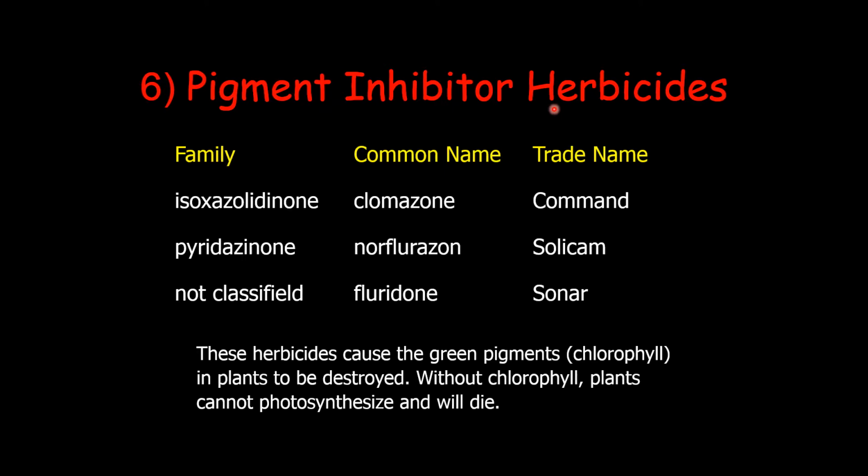Injury symptoms are expressed as white to translucent foliage. Herbicides within this mode of action are typically pre-emergence treatments. However, a few have post-emergence activity as well. Isoxazolidinones, isoxazoles, and pyridinones make up the chemical families in this mode of action. Common trade names of pigment inhibitor herbicides include Valor, Callisto, and Command.